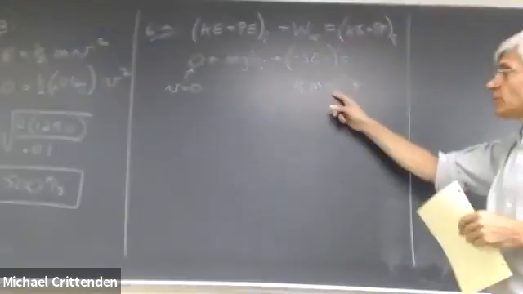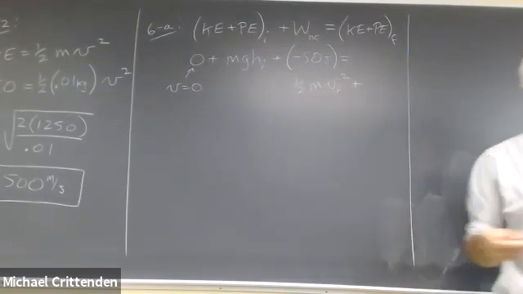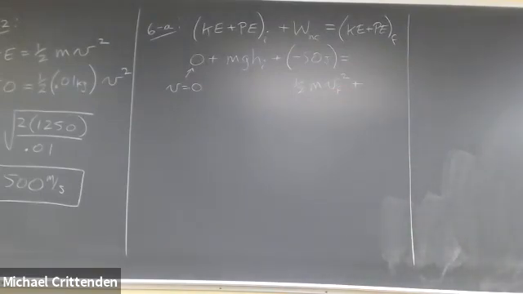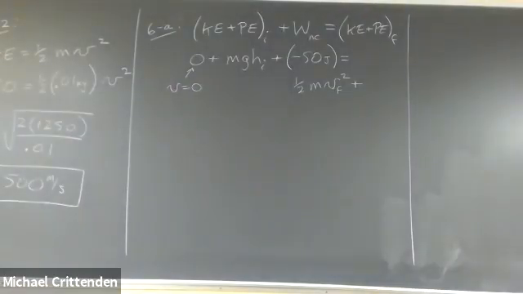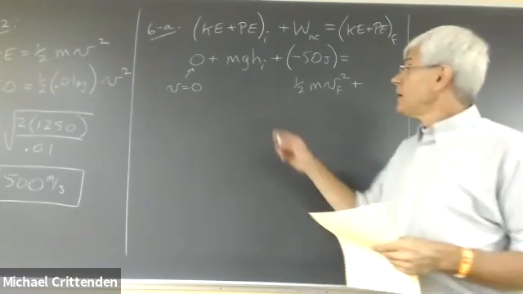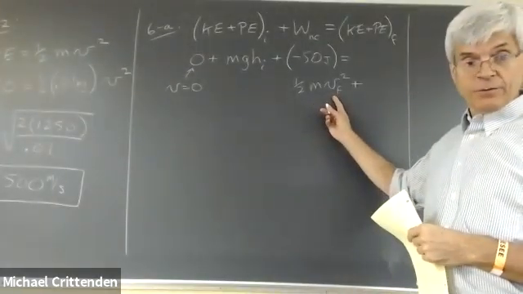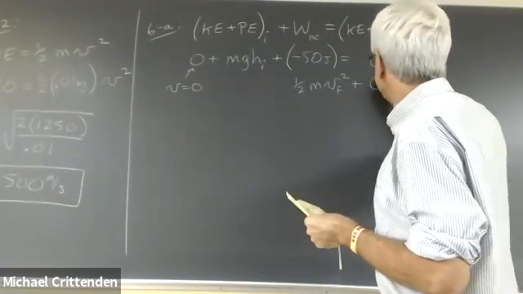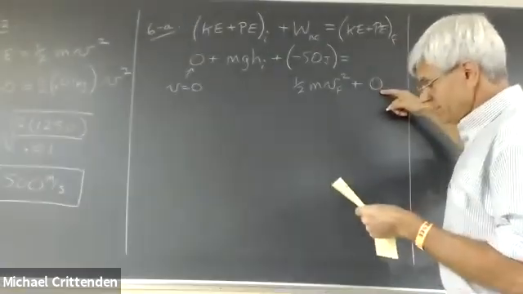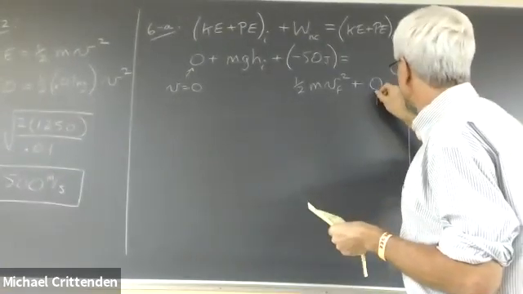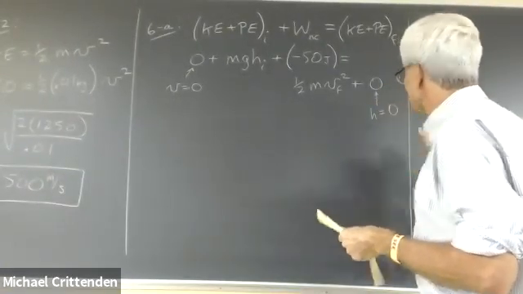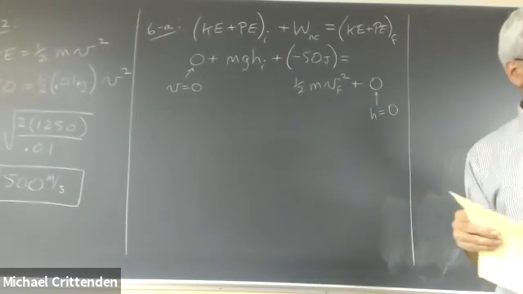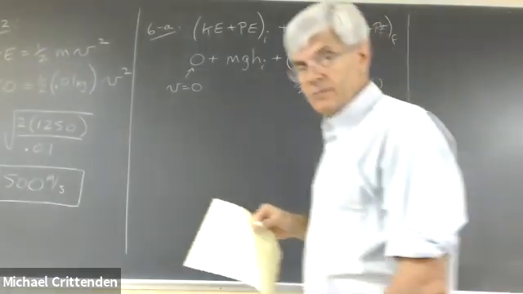Kinetic energy is 1/2 mv squared. And the final energy is what we're trying to solve for. Final potential energy, well, in the end, the box has gotten to the bottom of the ramp.